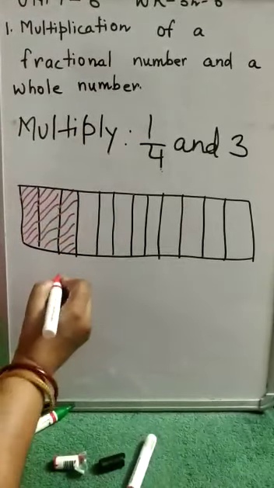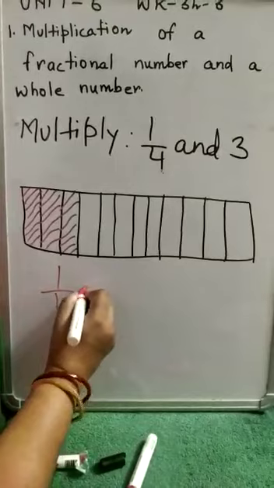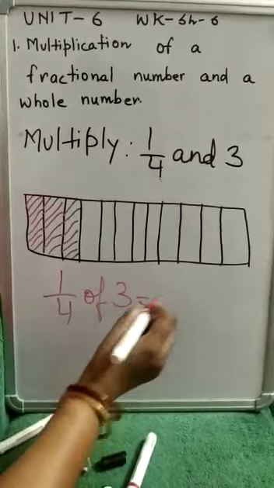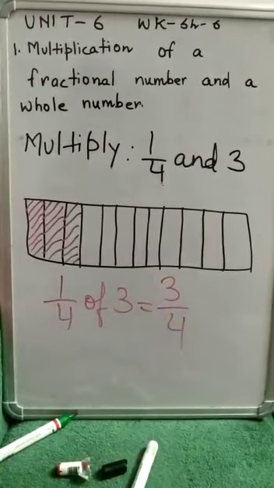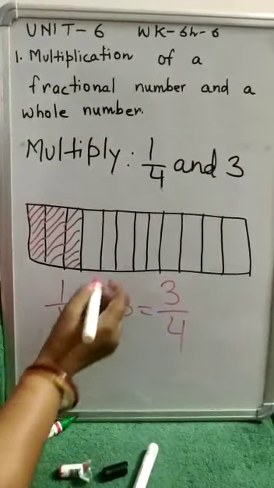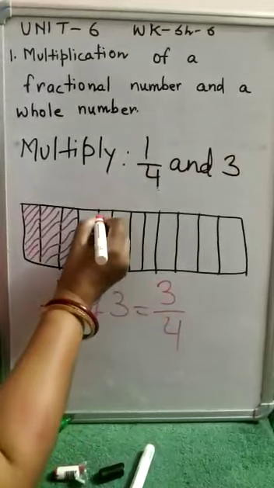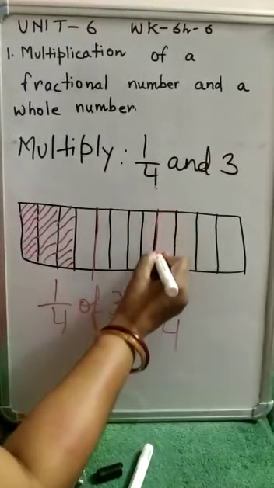Right? So here 1 by 4 of 3 is equal to what? 3 by 4. Correct? This 3 by 4 means 3 out of 4. Here all of you see, each part is this 4.